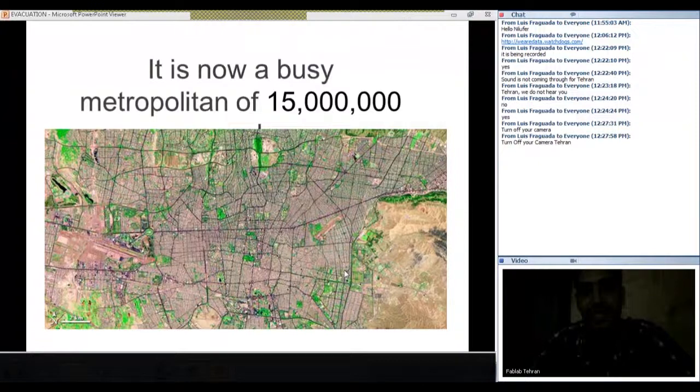So they all want to circulate in the existing road system of the city. Also, another change is a natural one, and hazards like earthquakes are very prominent in the city that is situated in a geologically active area.